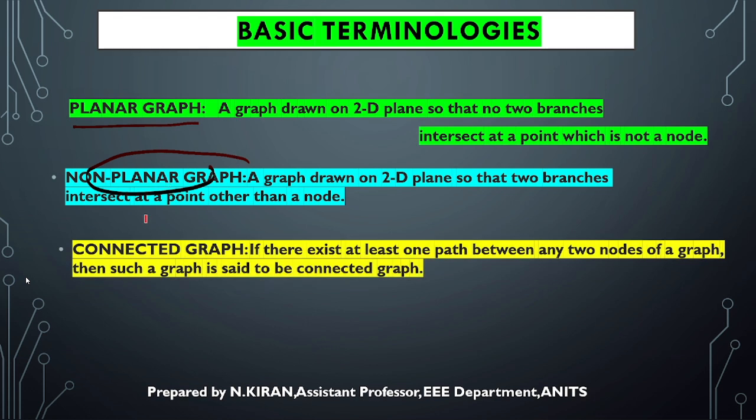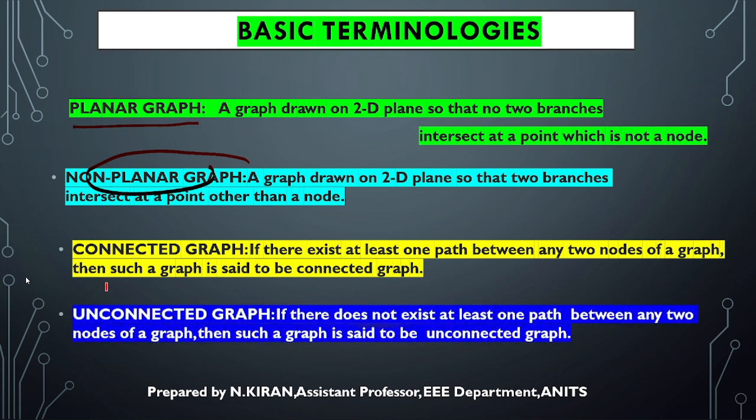Connected graph. So connected graph means, suppose if I convert a circuit into graph and if I take any two nodes in the obtained graph, if I find at least one path existing between those two nodes, then we call it as a connected graph. Suppose if my graph has four nodes, if I consider any two nodes, and between those two nodes at least one path should exist for me to call that graph as a connected graph.